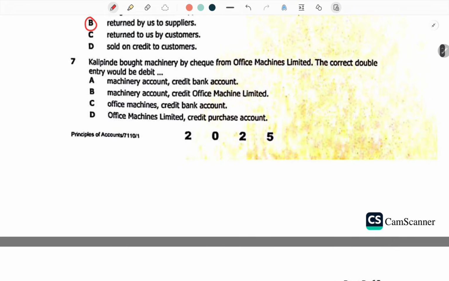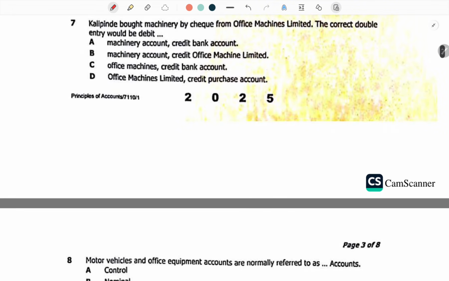Karipinde bought machinery by check from Office Machines Limited. The correct double entry would be: A, debit machinery account, credit bank account; the other options credit Office Machines Limited.